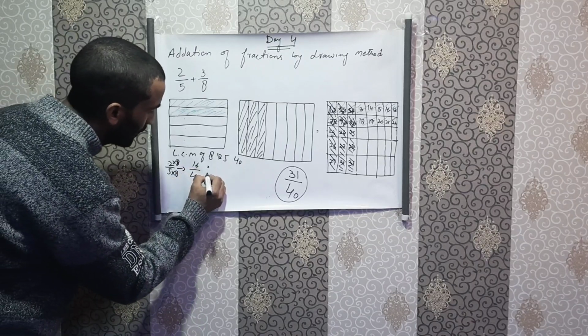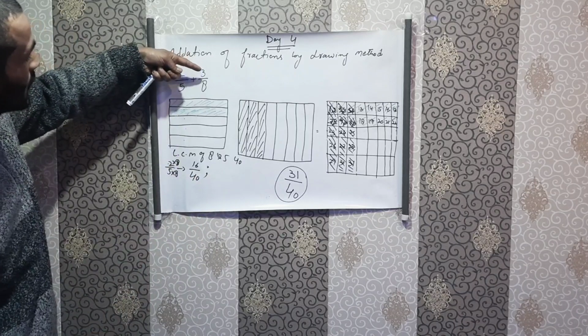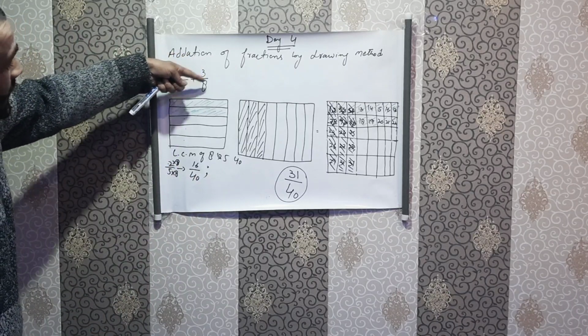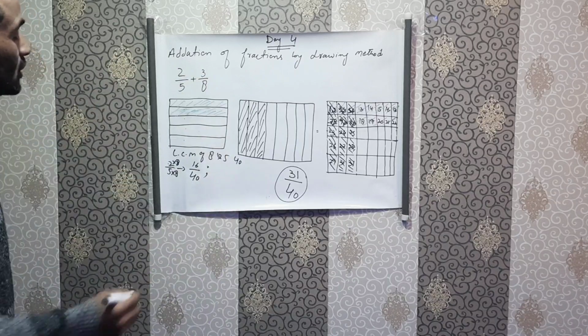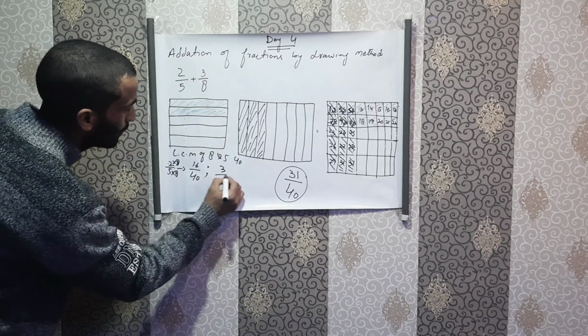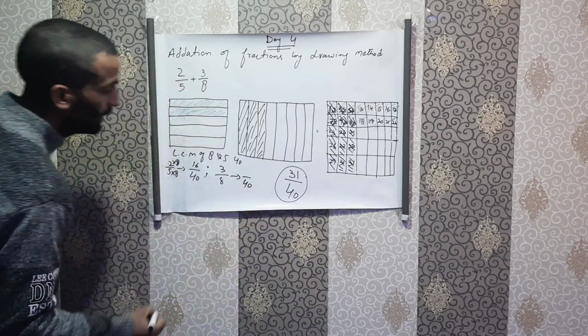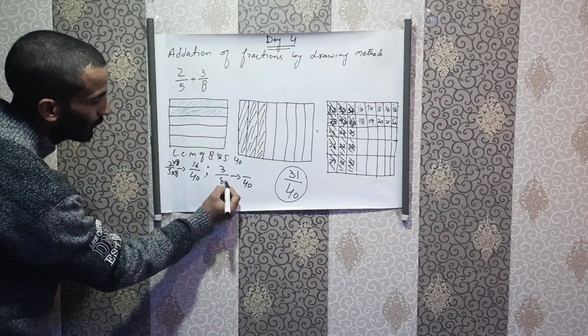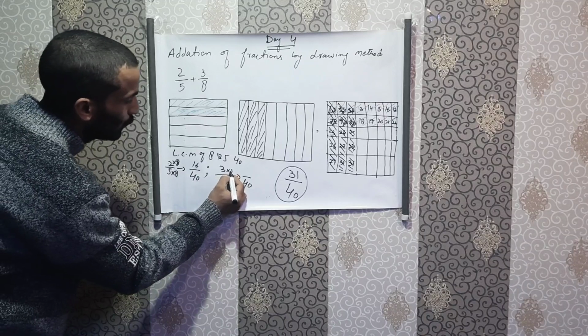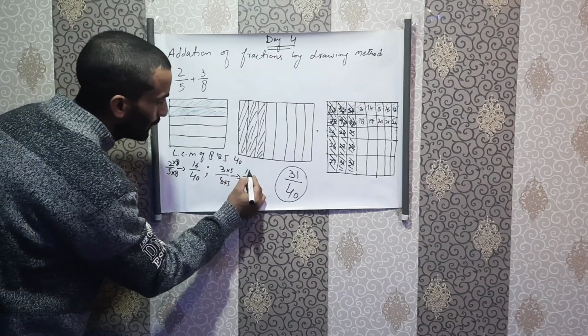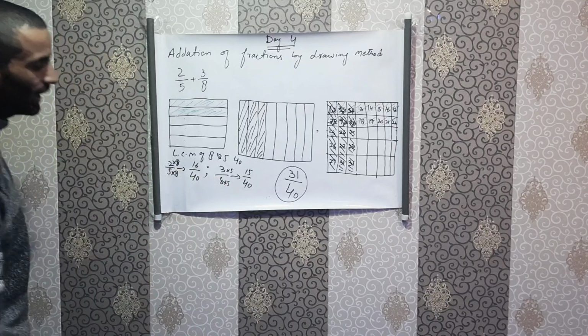Now the equivalent fraction of the second fraction, 3 by 8, with denominator 40. We multiply by 5 upside also: 3 fives are 15 and 8 fives are 40.